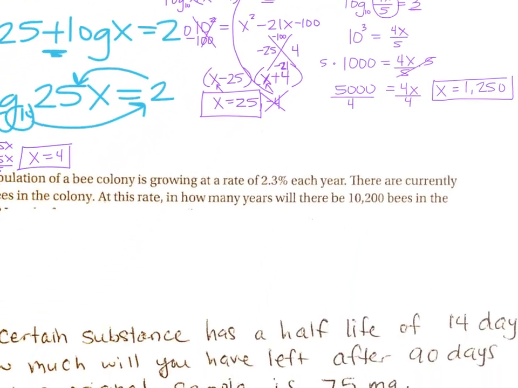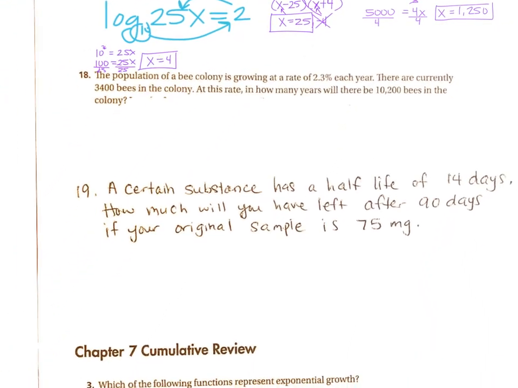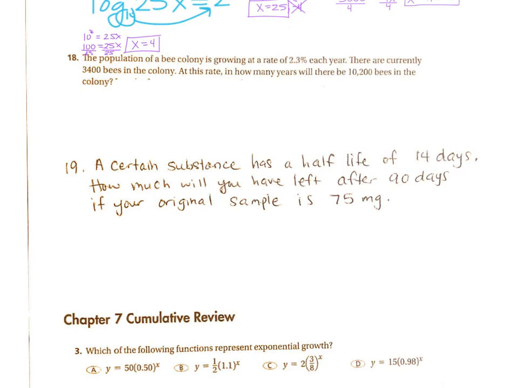All right, moving on. This one says, the population of a bee colony is growing at a rate of 2.3% each year. Currently 3,400 bees in the colony. At this rate, how many years will there be 10,200 bees in the colony?